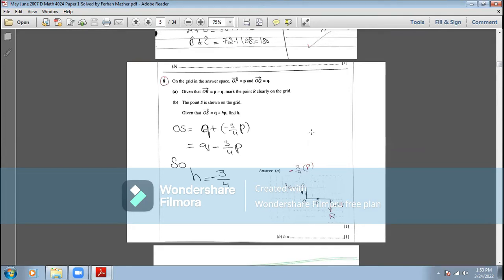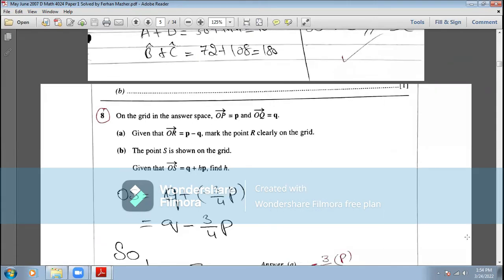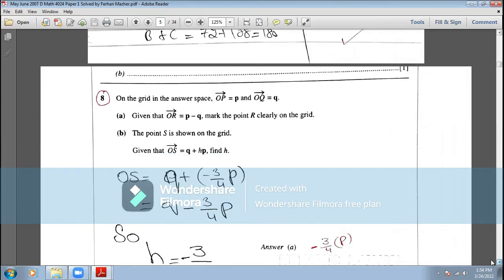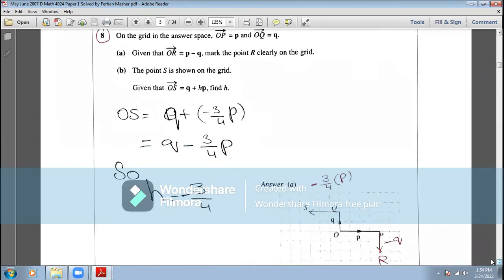We have compared the coefficients of P and Q. So the H will be equal to minus 3 by 4. Hopefully you understand. By comparing OS with the given OS here, the H will be minus 3 by 4.